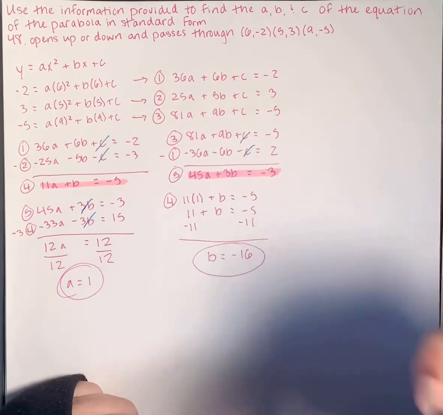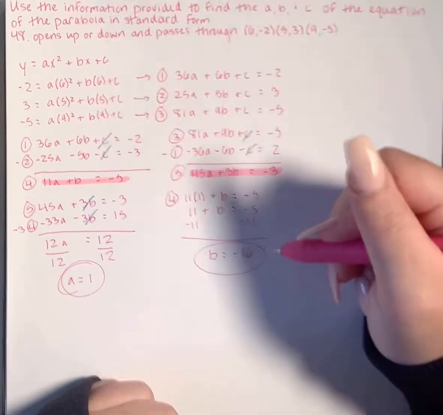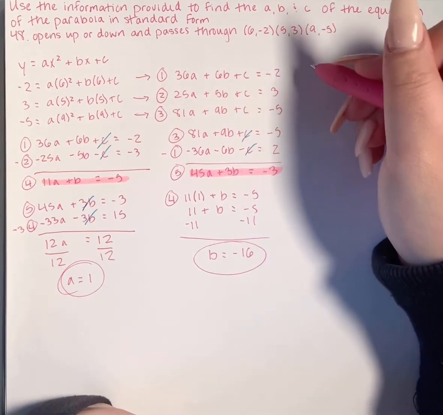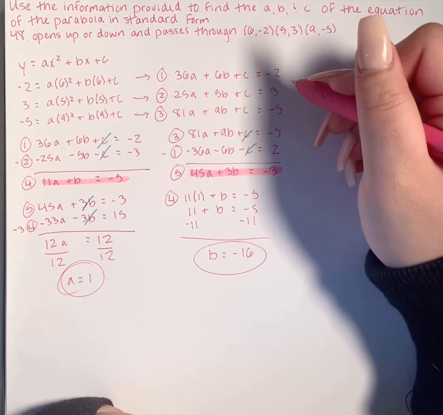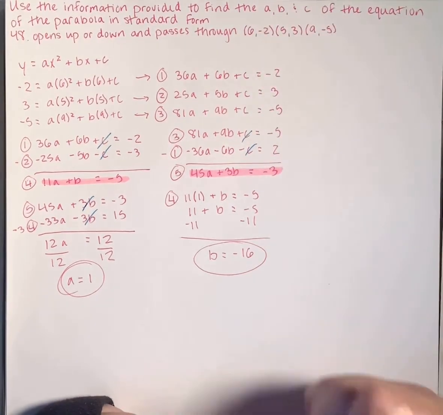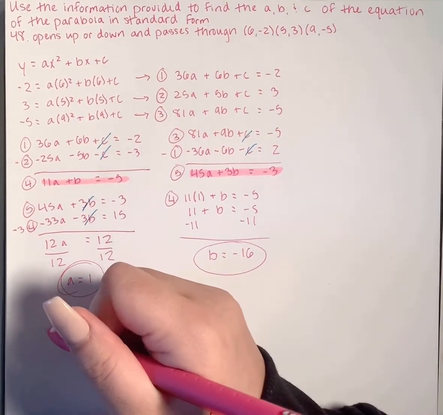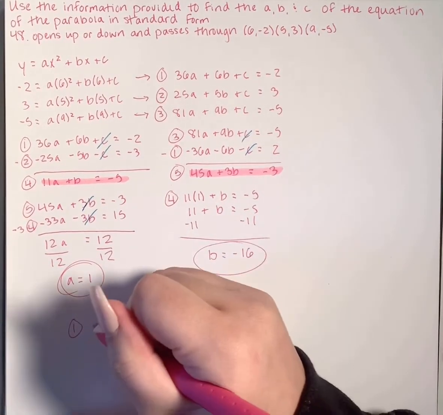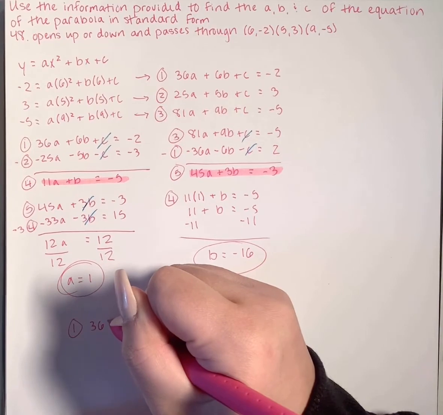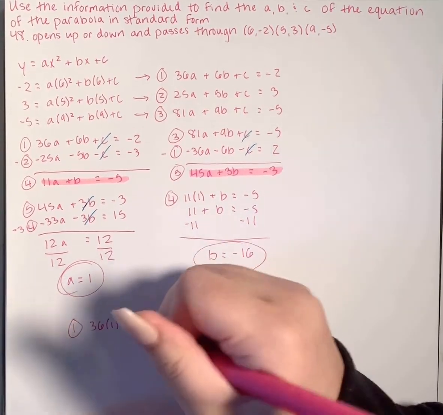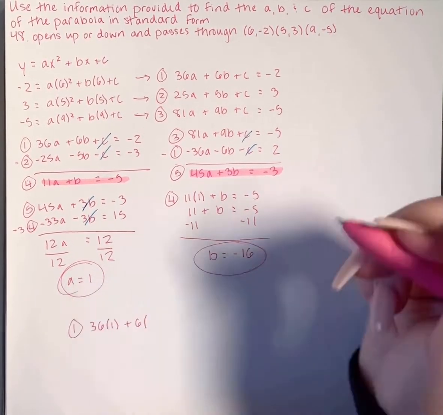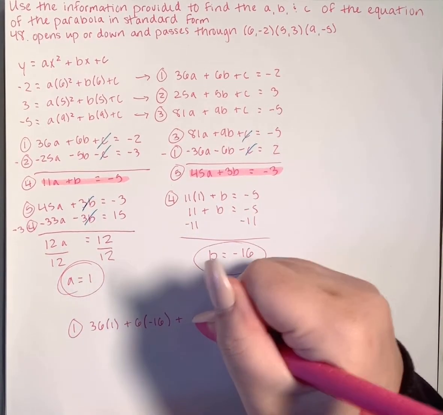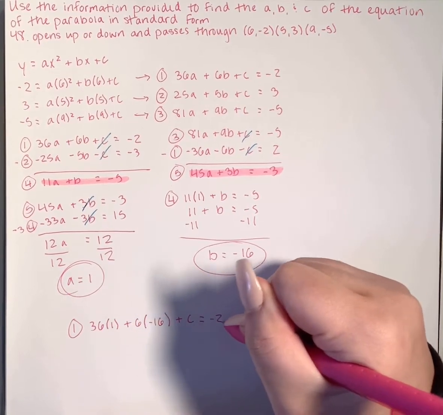And now we're going to take both of our variables and plug them back into one of our original 3 equations. So you're going to want to pick whichever one is easiest, obviously. So I'm going to pick equation number 1. Just seems the easiest to me. So number 1, 36 times 1, our variable, plus 6 times -16 plus c equals -2.